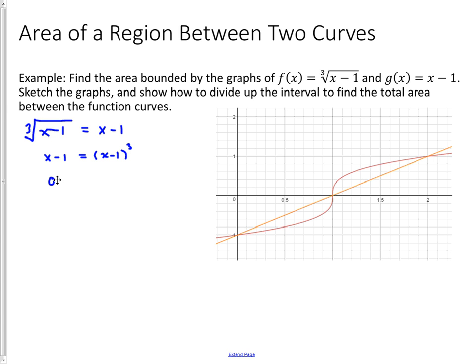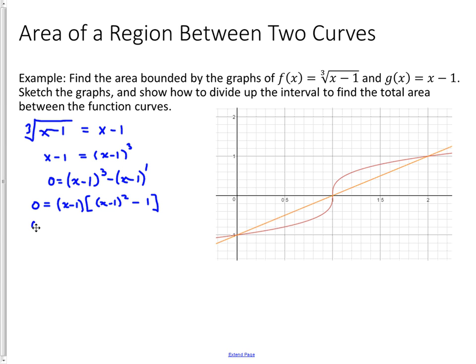I've got 0 would equal the quantity x minus 1 cubed minus the quantity x minus 1. And if it helps, you can write it as x minus 1 to the first. Right? There's a common factor here. Easily enough, you see that x minus 1 can be factored out of both of those quantities and give us x minus 1 to the second minus, well, x minus 1 factored away from itself is just 1.